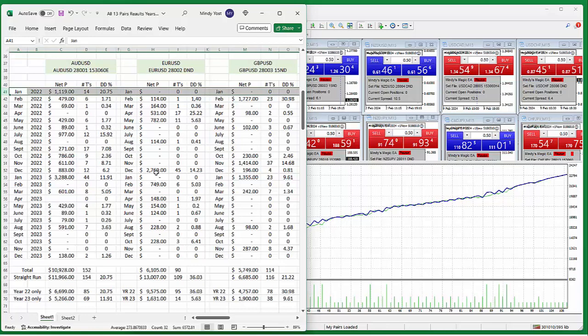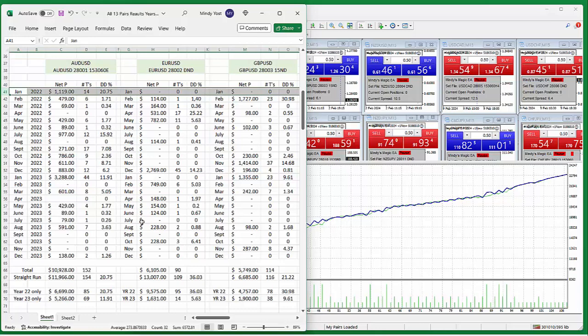So when we have a really good month here in December of 2022 in Euro USD, we didn't have much going on in the AUD pair. But the next month, January, seems to be a good month for AUD USD. It had a whopping month in January of 23, and the Euro USD didn't make anything at all during that time.